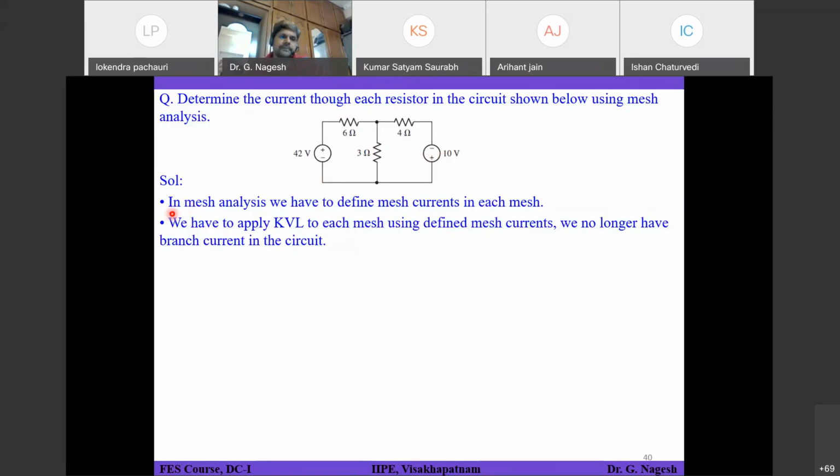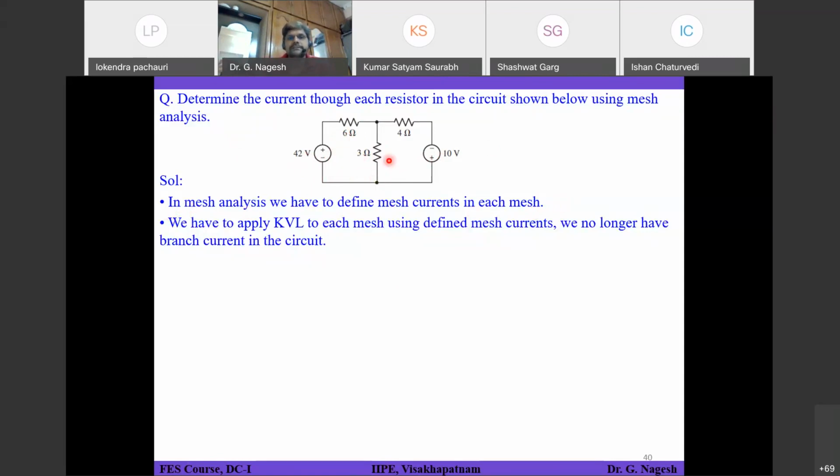So what they are saying, in mesh analysis you have to define mesh currents in each mesh. If you see here, how many meshes can be formed from this circuit? Two meshes. One mesh is, let's say, the 42 volts, 6 ohms resistor and 3 ohms resistor. This is called mesh 1.